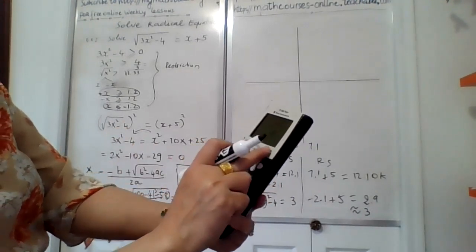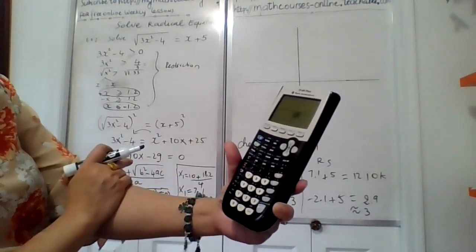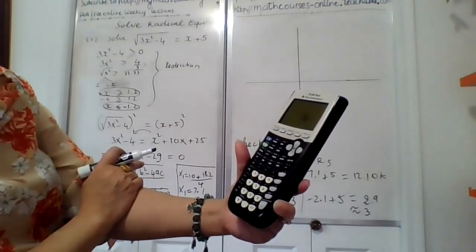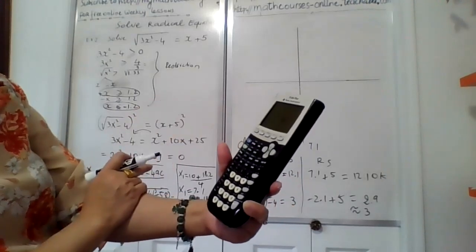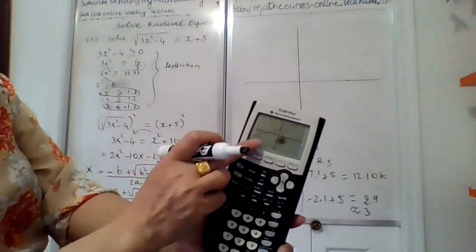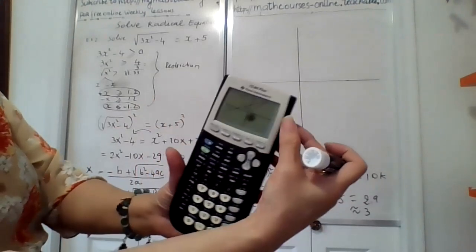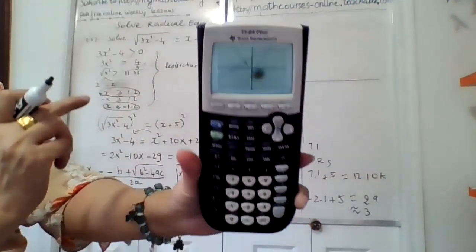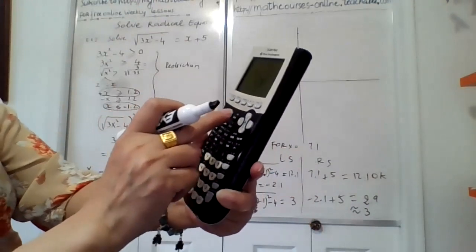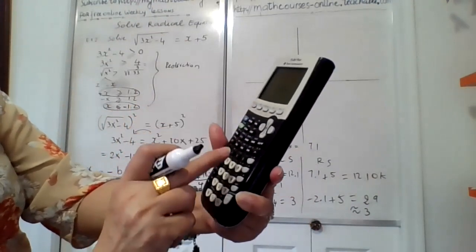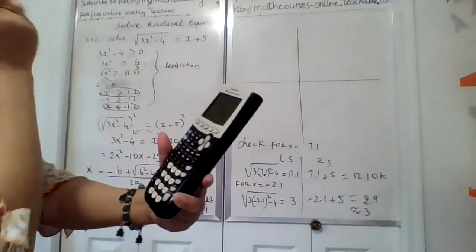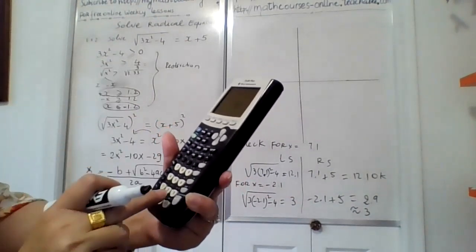And I'm going to sketch. So this is how it looks. The graph goes up this way a little bit, to the right, so I'm going to adjust the window and move it down a little bit.